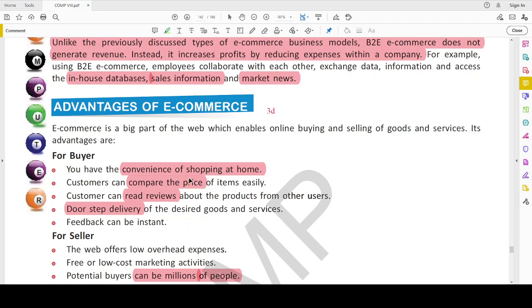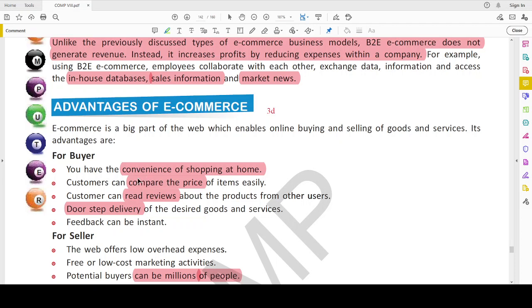But you can think that if you go to the market, can you compare the price of another shop so easily? You have to go to another shop and then compare. But here you can compare just on your smartphone or on your PC.